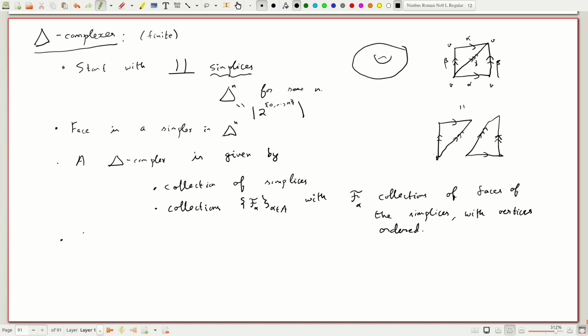Okay, and so when we have faces with vertices ordered, we have linear maps between faces of the simplices with vertices ordered and all of the same dimension.